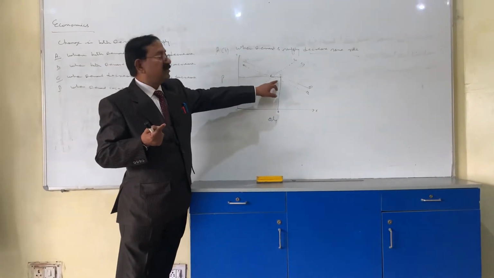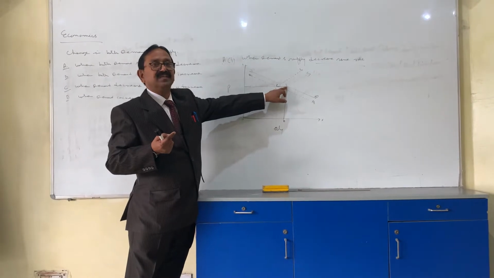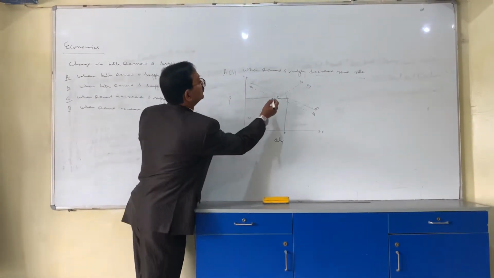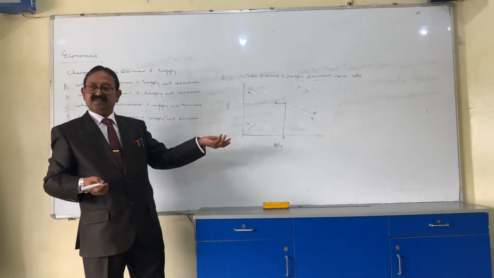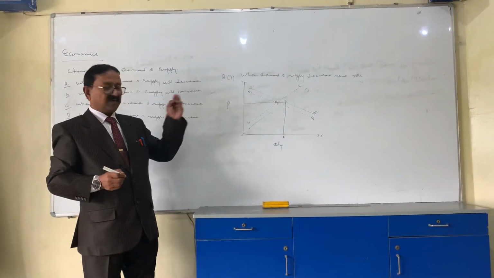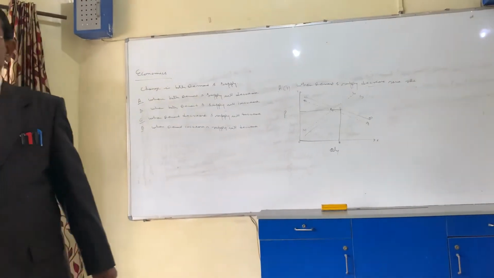Then your cutting point equilibrium will be in front of this E. This becomes E1. Your answer is there will be no change in equilibrium price. Is it clear to everyone?